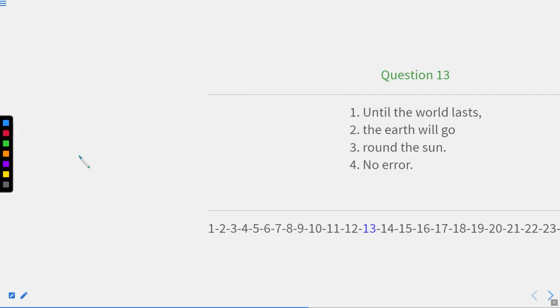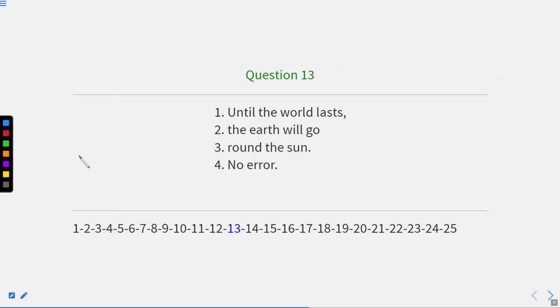Now let us move to the question number 13. Until the world lasts, the earth will go round the sun. As I told you that until and unless, there is a difference between these two words. Until shows the time duration or it depends on time, whereas unless depends on the situation. Now here it is written the word lasts. Is there any time duration which is exactly, you can say, said for the world to last?